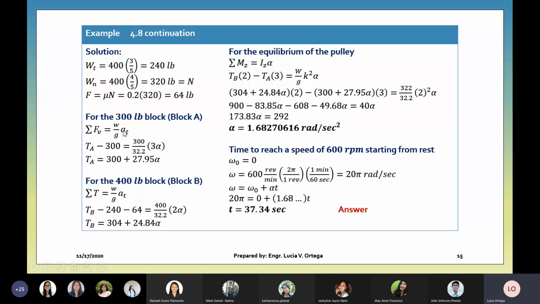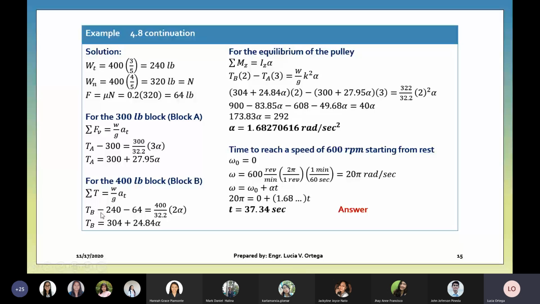For the 300 pounds block, so block A, we apply summation of forces vertical is W over g times tangential acceleration. So tension at A upward minus 300 is equal to W over g times the tangential acceleration, 3 alpha. So this would be the equation. For the 400 pound block, we take summation of forces parallel to the inclined surface.